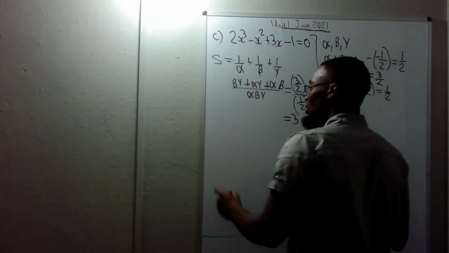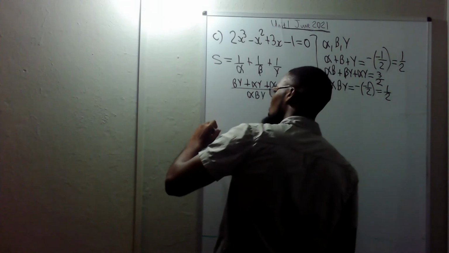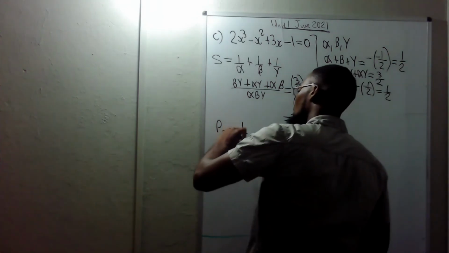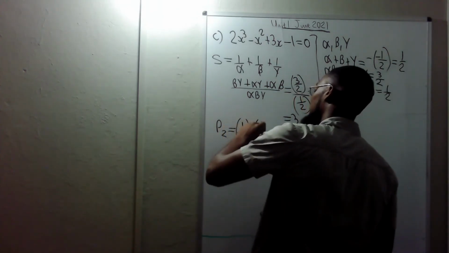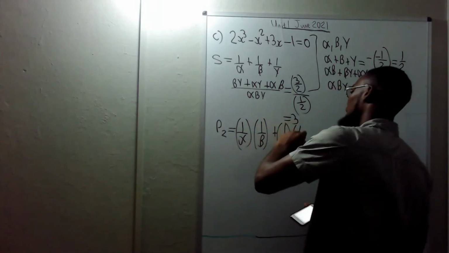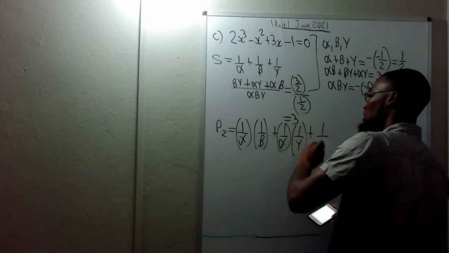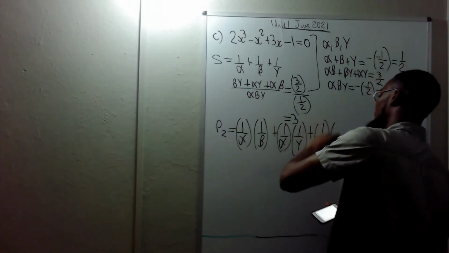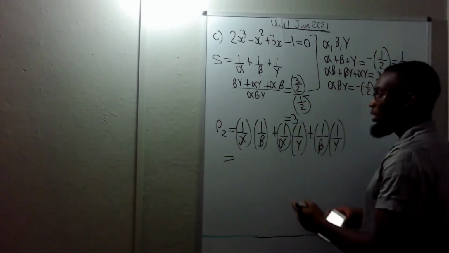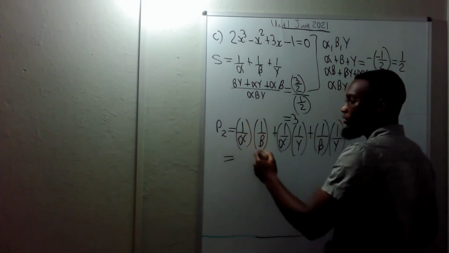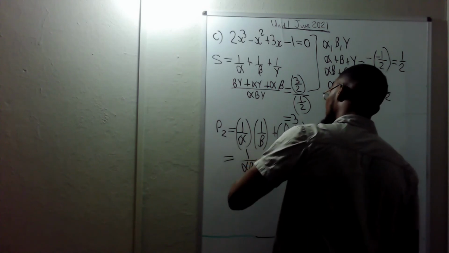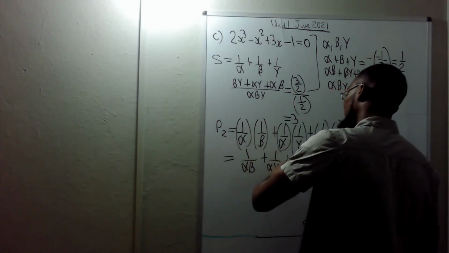Now the next thing we need to know is the product of the two roots. I like to call it P2. The product of the two roots, which is 1 over alpha times 1 over beta plus 1 over alpha times 1 over gamma plus 1 over beta times 1 over gamma. So we work out these, and what we end up getting is 1 over alpha beta plus 1 over alpha gamma plus 1 over beta gamma.